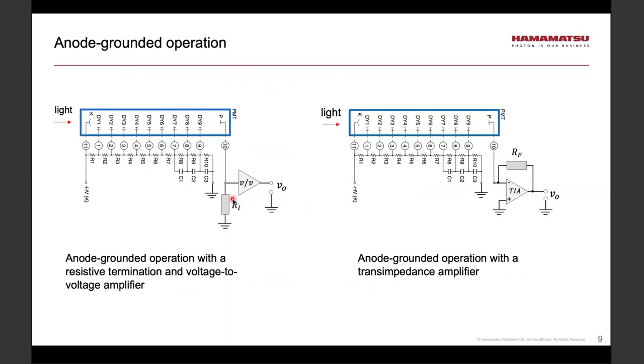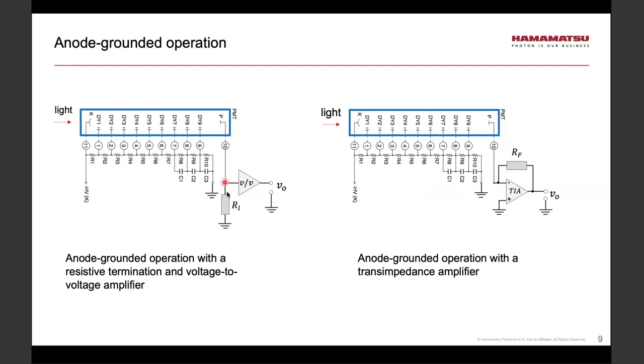There are basically two ways of operating a PMT. One way, which is depicted in both circuits, is known as anode grounded operation. So in this scheme, the cathode is at a very high negative potential, and the potential then increases as we move towards the anode, and the anode is effectively at the ground.